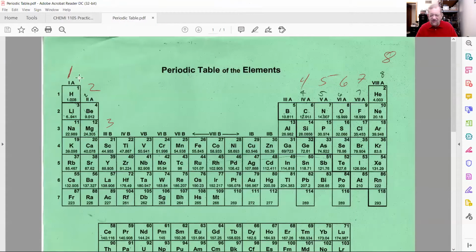And here's your periodic table. Go. Sulfur, bromine, Lewis structure.